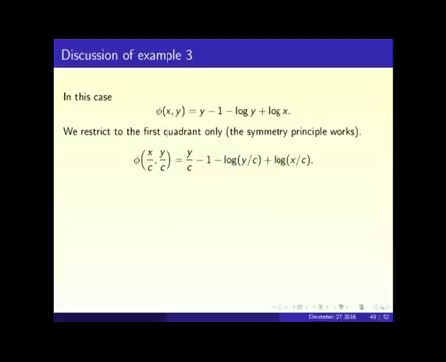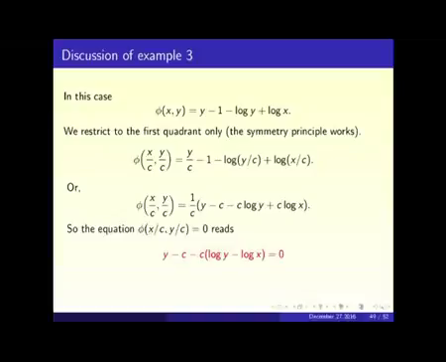It will be y upon c minus 1 minus log of y upon c plus log of x upon c, which will be 1 by c into y minus c minus c log y plus c log x.